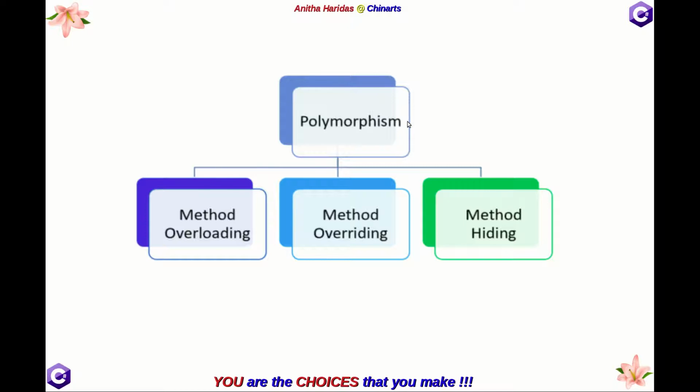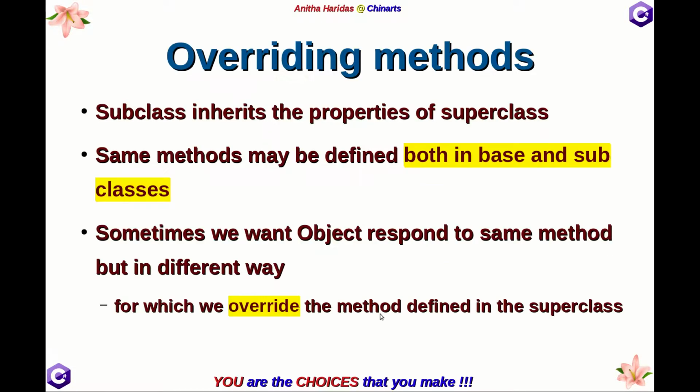We discussed two types of polymorphism, compile time and runtime polymorphism, in which the compile time polymorphism can be achieved using method overloading or operator overloading. But the runtime polymorphism is implemented through method overriding or method hiding. So we are going to discuss what is overriding methods.